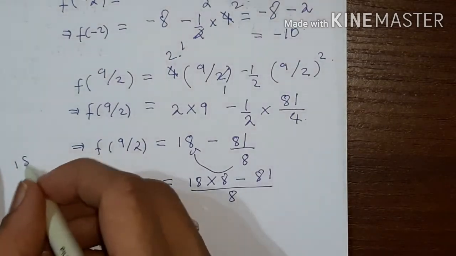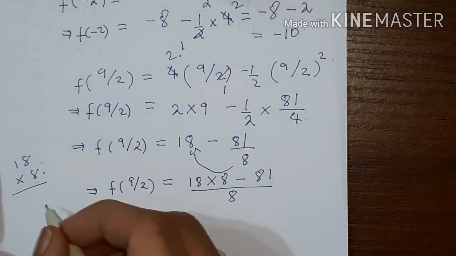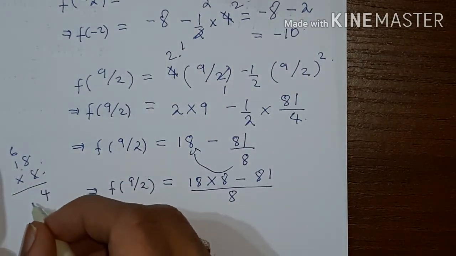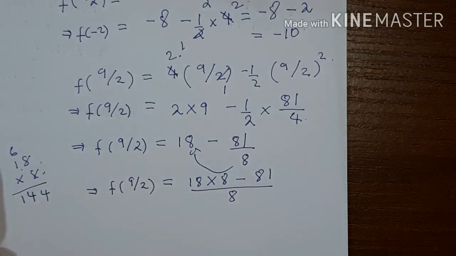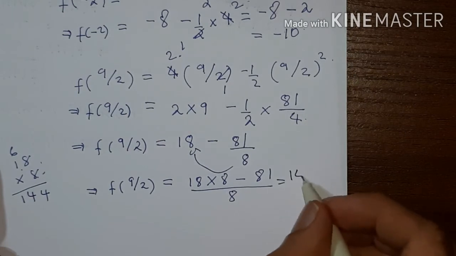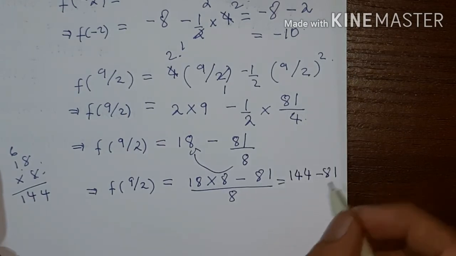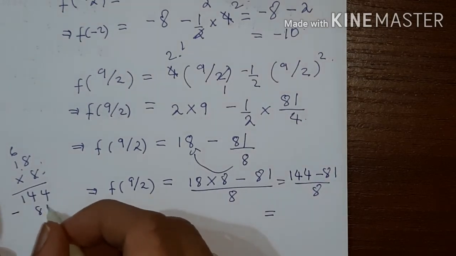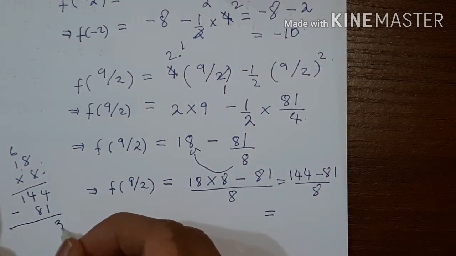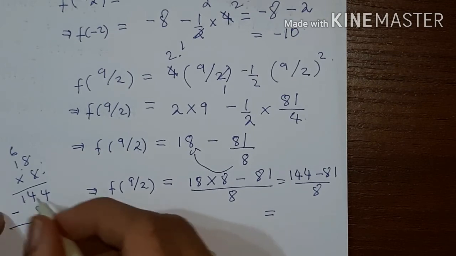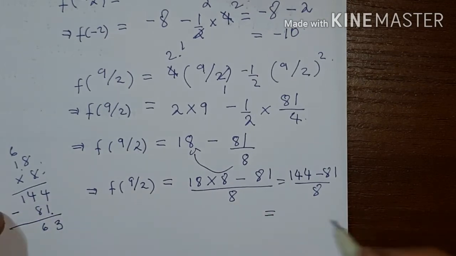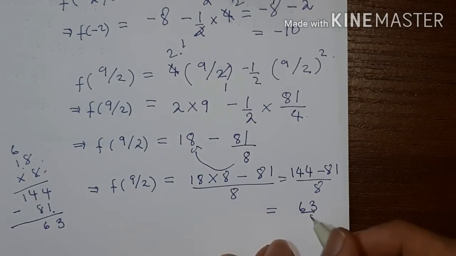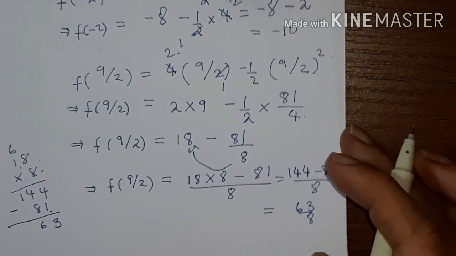So now if you take 18 multiplied by 8, so what you'll get? 64. 8 ones are 8 plus 6 is 14. So what you are getting is 144 minus 81 divided by 8, right? So 144 minus 81 is what? 4 minus 1 is 3. 14 minus 8 is 6. So 63 divided by 8, okay?